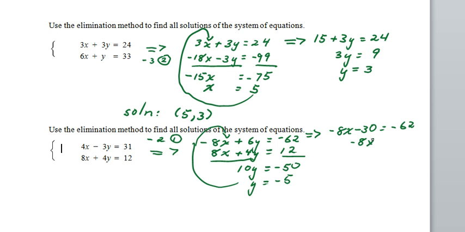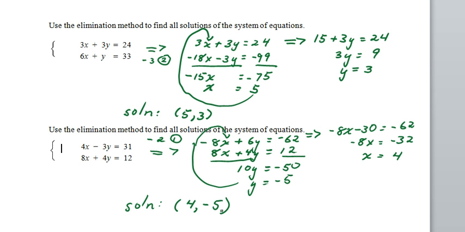Negative 8x equals negative 32, or x equals 4. So our solution is the ordered pair 4, negative 5.